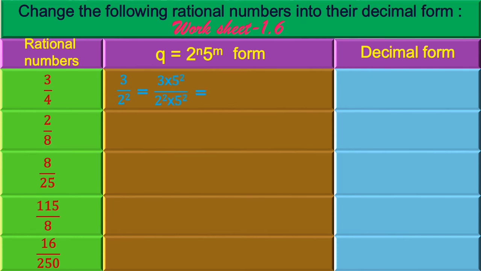So exactly we can say that the decimal form of 3 by 4 is terminating. Now on simplifying, 5 square is 25, 25 times 3 is 75, and the denominator is 10 square, that is 75 by 100. So the decimal form is 0.75. Okay children, please make a note and convert the remaining rational numbers into their decimal form.